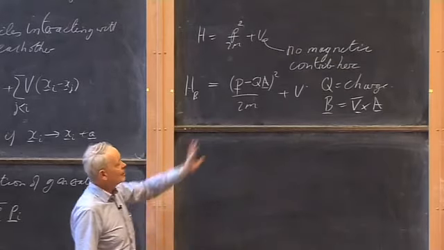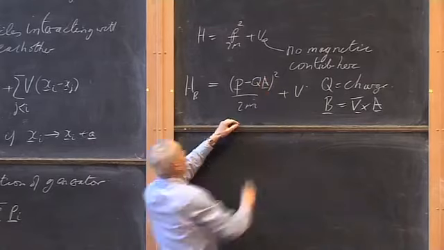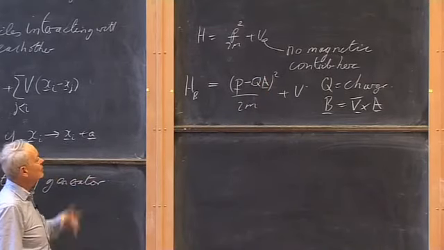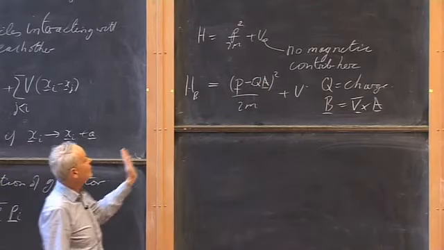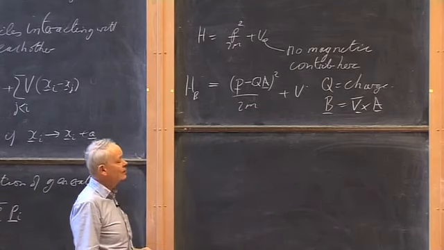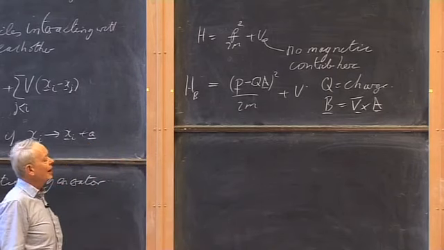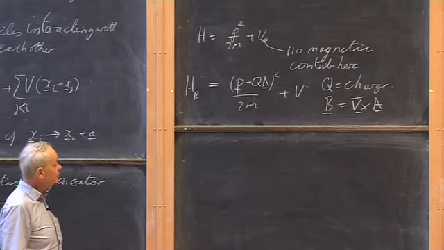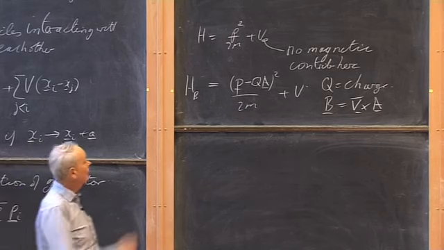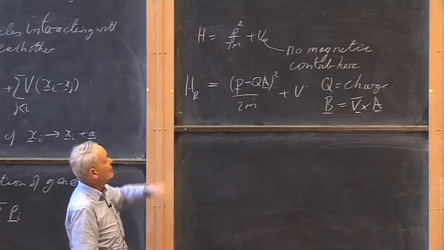I'm not going to be able to justify this because to explain why this should be so, we need to do some relativity, which is way out of scope for quantum mechanics. But what I should do is use Ehrenfest's theorem to convince you that this gives us the classical equations of motion in a magnetic field. And ultimately, only experiment can tell you whether this is right or wrong.